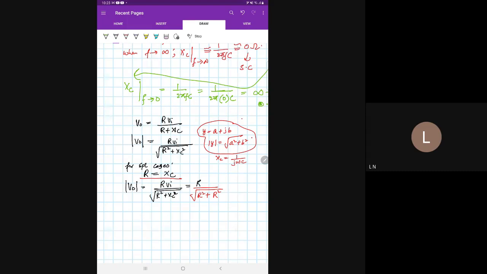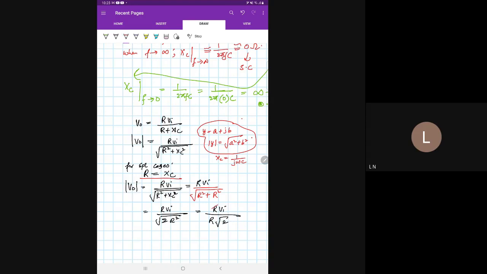So then it will be equal to R Vi divided by the root of twice R square, which will be equal to R Vi divided by R times root 2.